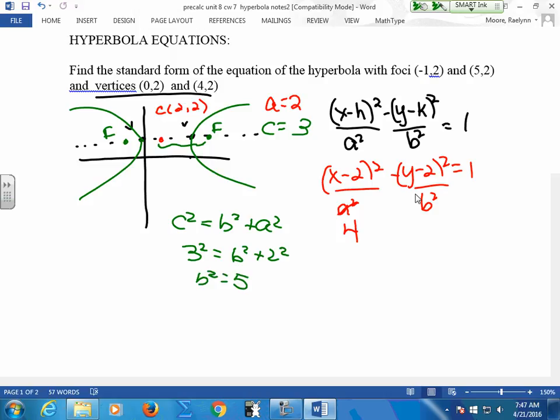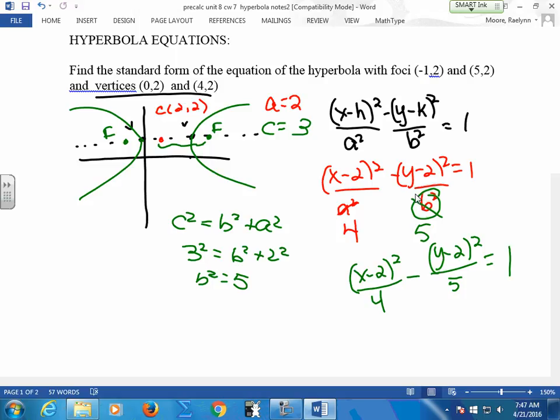And do we need to worry about square rooting it? No, because all we need is the B squared. So we're just going to put a 5 in there. So your final equation equals what? Okay.